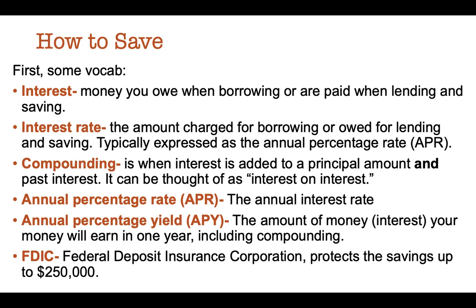If you save with an FDIC-insured institution in an FDIC-approved account, even if that bank, that financial intermediary, fails and completely goes out of business, this federal program insures your deposit up to $250,000 per bank, per account type. That is not going to be true of investments, and so this is a pretty good protection and why saving is low risk and generally low return.